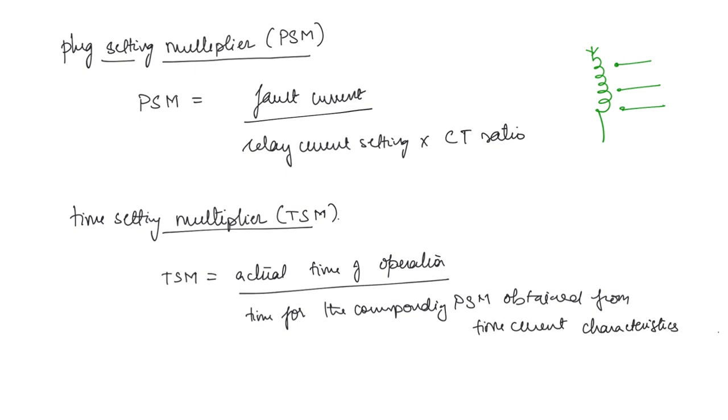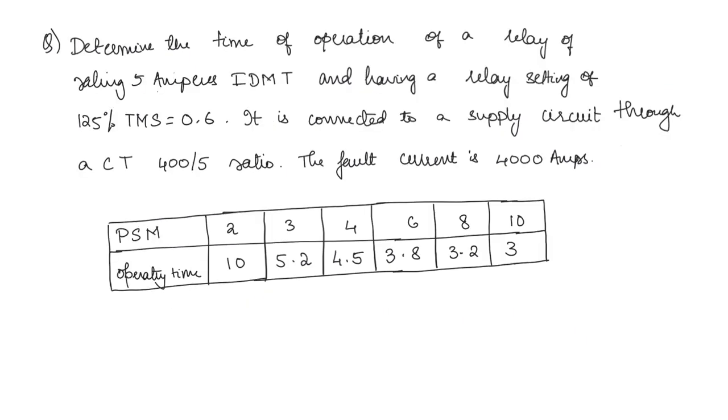For any relay, there is going to be an operating time versus PSM characteristic. From there, for the particular value of PSM, you take that time in the denominator. That is going to give you the TSM.